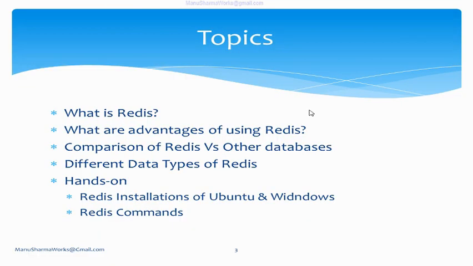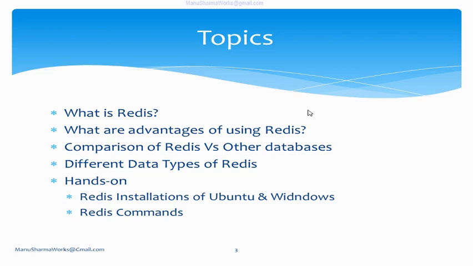I am going to cover the following topics. What is Redis, what are the advantages of Redis, and its comparison with other non-relational databases, especially MongoDB, and what are the different data types used in Redis.